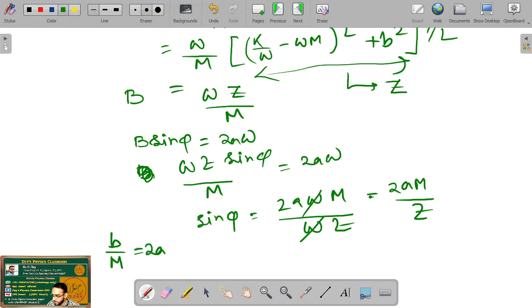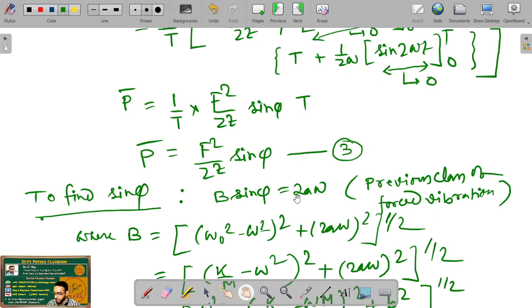So we put the value here, B by M equals 2A. So sin phi becomes B by Z.